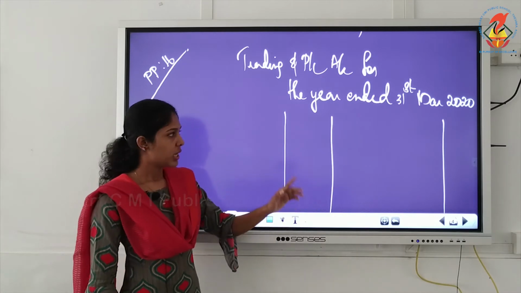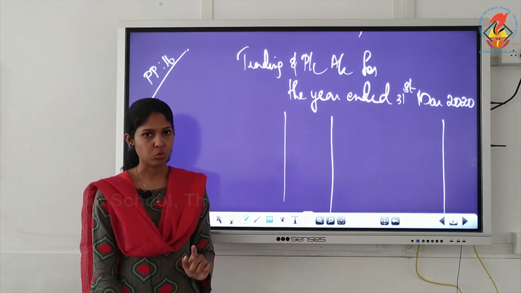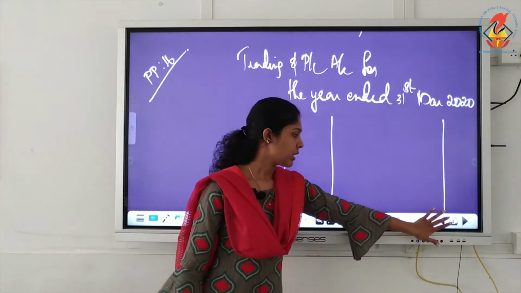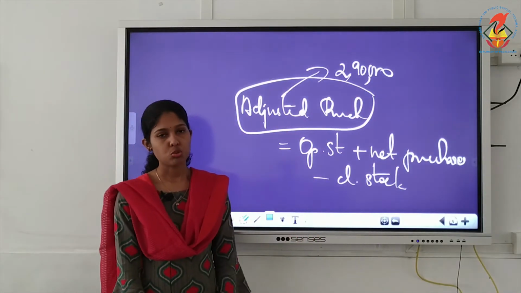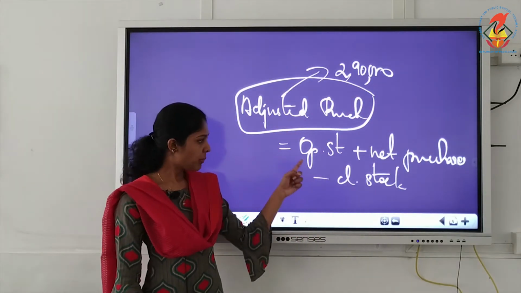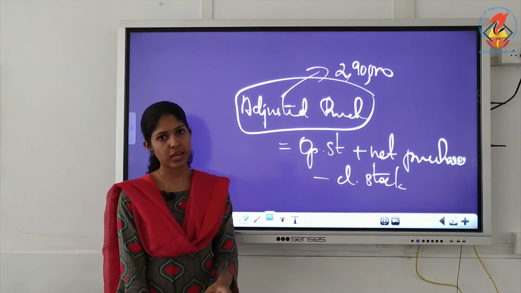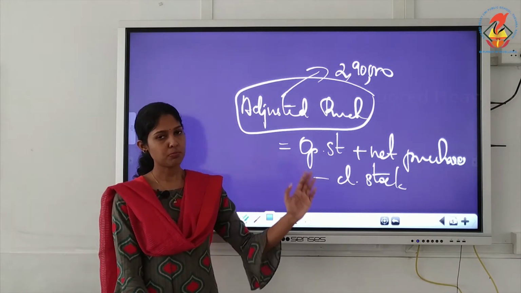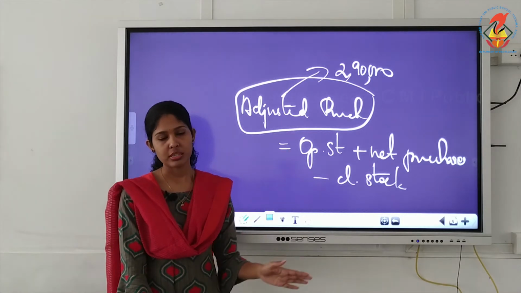You can directly start with To adjusted purchases 2,90,000. Understood? Now, should we write By closing stock on the credit side? No. Closing stock will not be written on the credit side. Again, closing stock is being adjusted in this 2,90,000. So, opening stock and closing stock you need not write in trading. Instead, you just have to write To adjusted purchases 2,90,000, because that value includes all these.